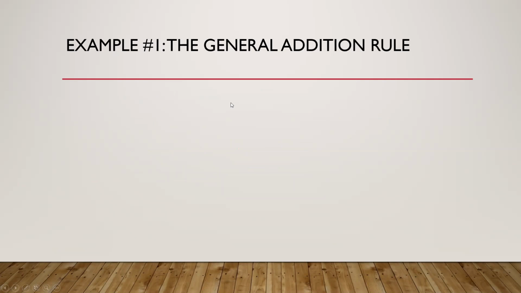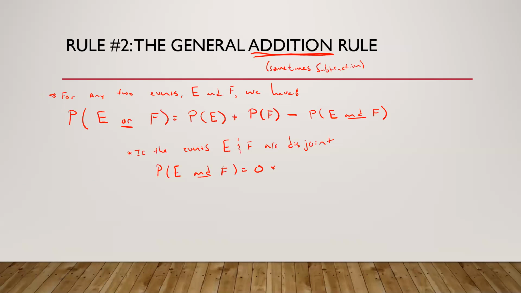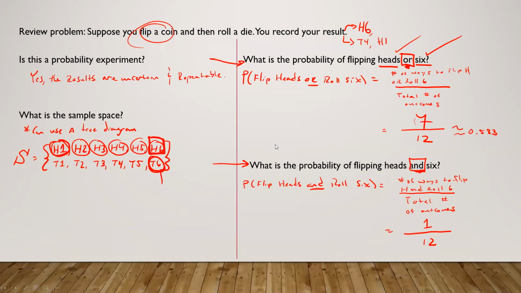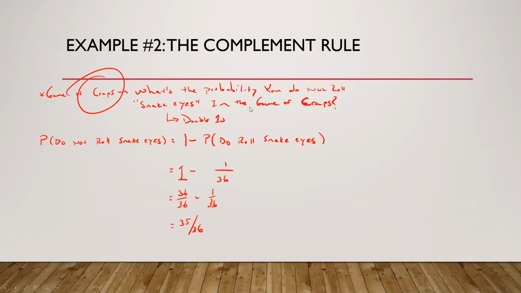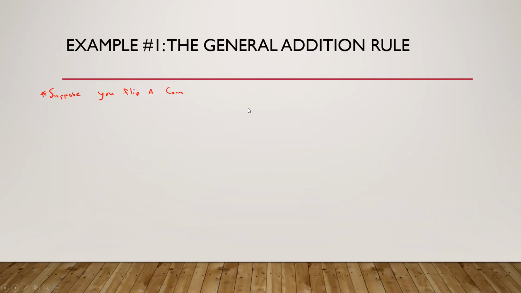So here's the first example I do. I want to go back and work that coin flip die rule. So suppose you flip a coin and then roll a die. Okay. You record your result.